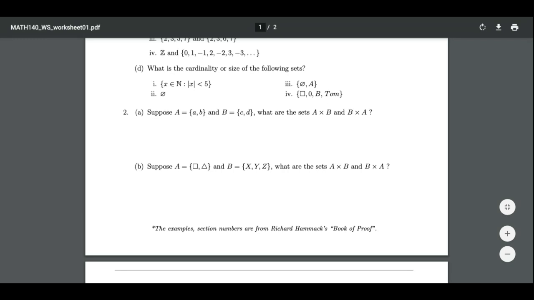Okay, Moises, AC, AD, BC, BD, perfect. B cross A, CA, CB, DA, DB, perfect, Moises. Look, Moises, perfect. Just missing the equal sign, also missing the wiggly bracket, all right? So when we talk about sets, the notations are super, super important, all right? It's different from normal mathematics.